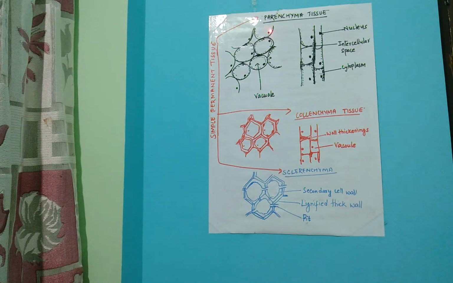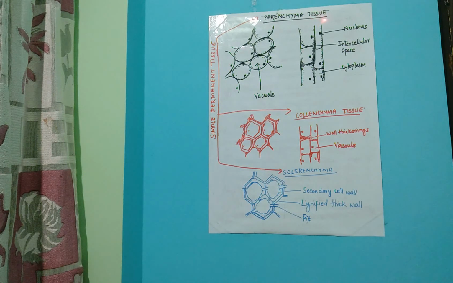Cytoplasm is dense here and the cell wall is thin. Here also you can see the cell wall is thin. Intercellular spaces are present. Nucleus is present. Cytoplasm is dense. That is the characteristics of the cells present in the parenchyma tissue.